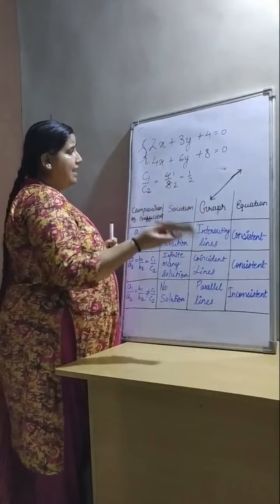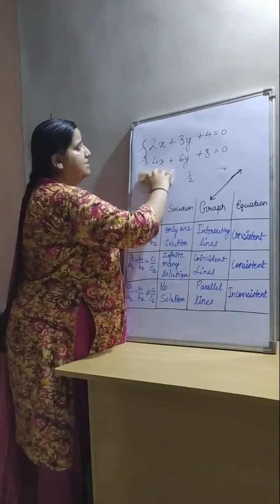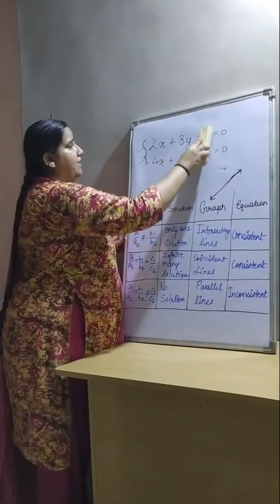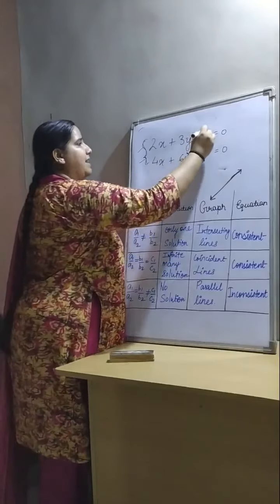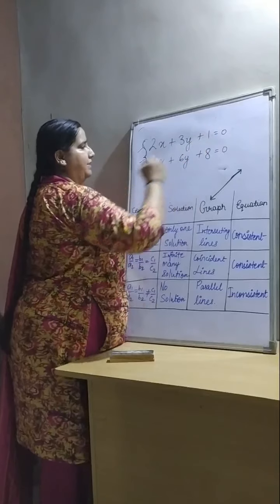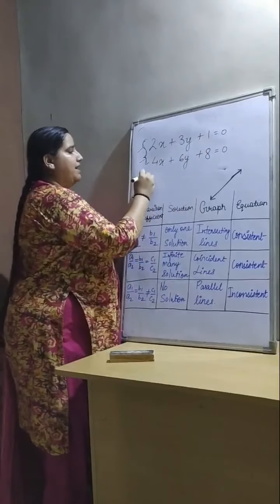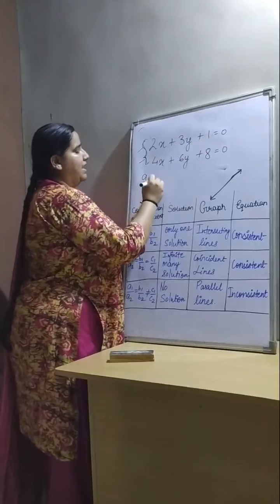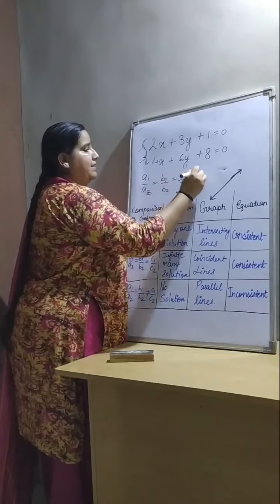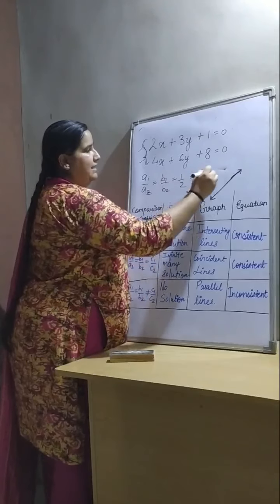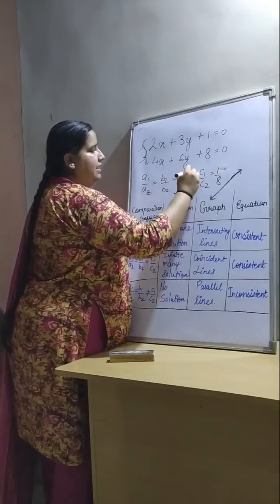Now if I take another pair of equations such that c1 by c2 is not equal, for example, if I remove these coefficients and write 1 and 8, then a1 by a2 and b1 by b2 are equal to 1 by 2, but c1 by c2, which is 1 by 8, is not equal.